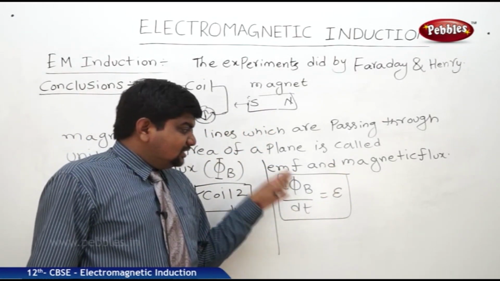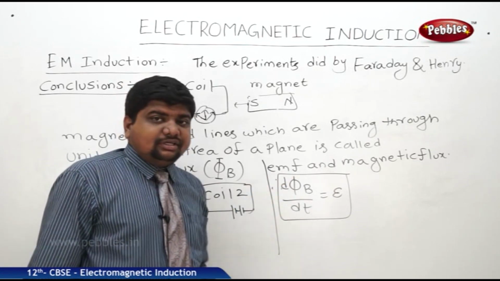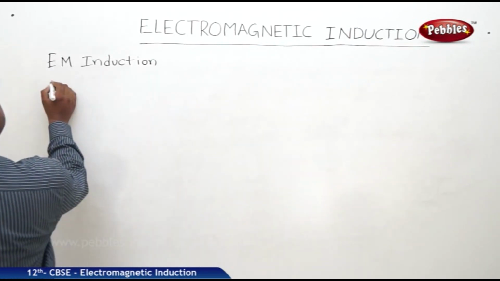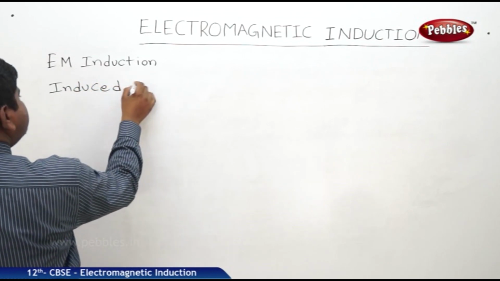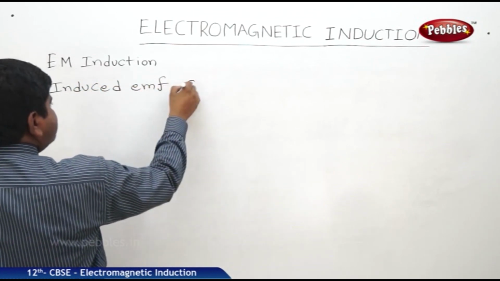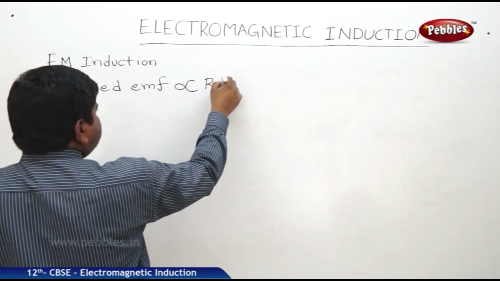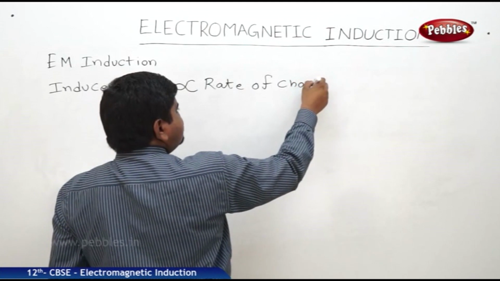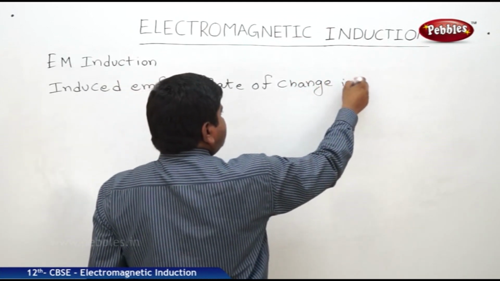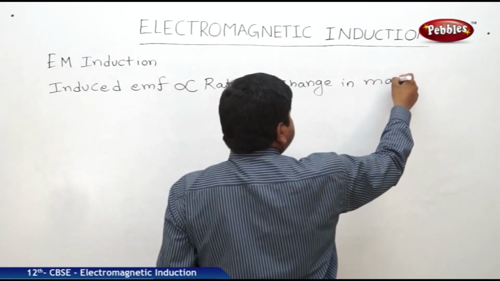What is this E? What is the sign convention of that? We are going to see now. So the induced EMF, what is the conclusion of the equation? Induced EMF is directly proportional to the rate of change in magnetic flux.